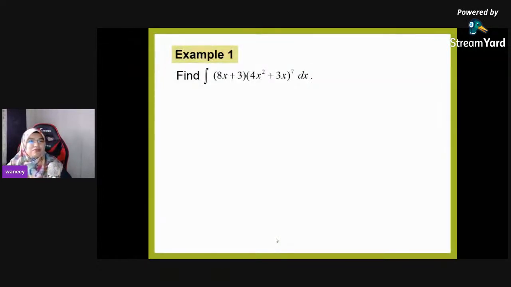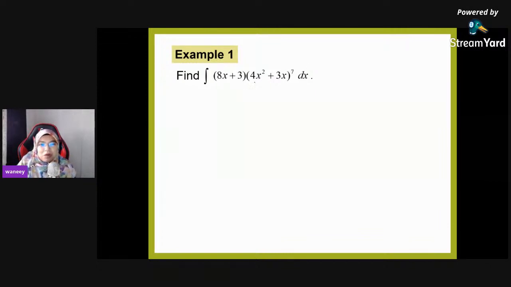Okay, so let us refer to example 1. We have (8x+3)(4x²+3x)^7 dx. Now, what is your choice of u? Usually, if it's for me, I will say always choose something that has a power.